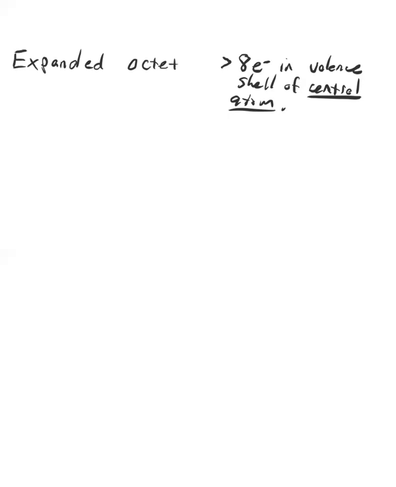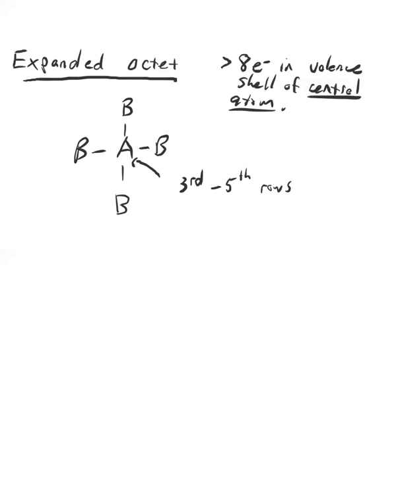And so how do you know? What you do is you first identify the arrangement of atoms. So if you have an arrangement of atoms where the central atom is in the 3rd through the 5th rows, then this idea of expanded octet is possible.